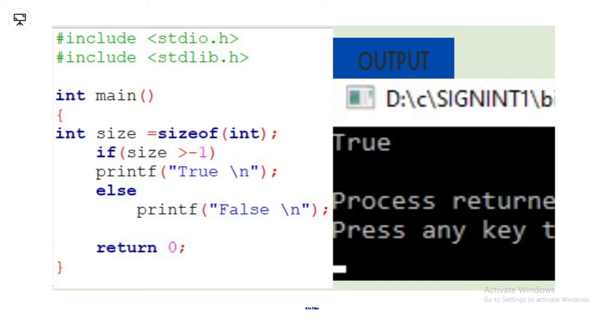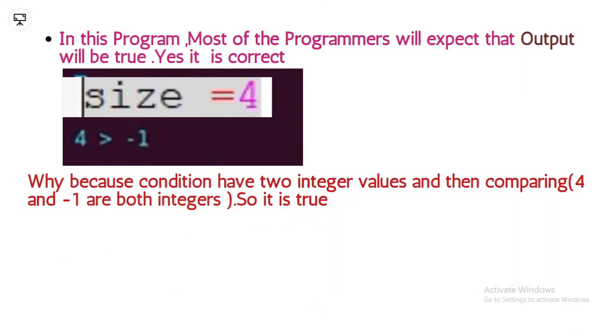Why? Because if you see the next slide, size equal to 4 greater than -1. In this program the compiler, in the if condition, two operands are the same type, it will consider them as integer if you add that line. That's why 4 greater than -1 is true, so the program gives true value rather than false value.